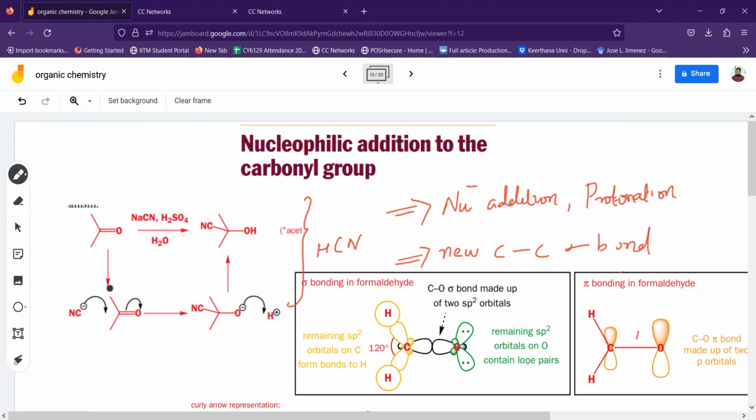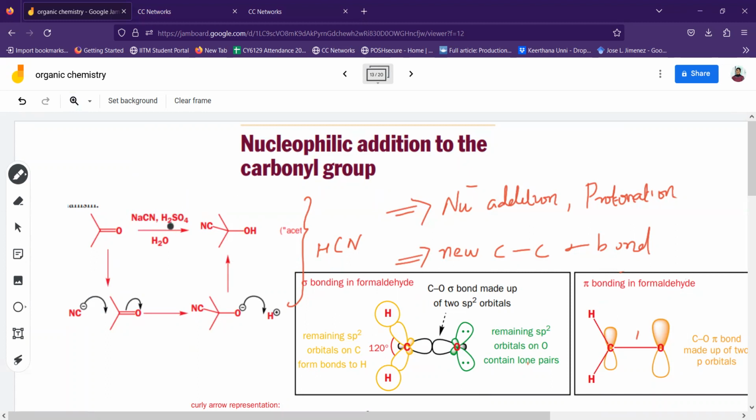From CN minus, this electron pair is moving to this particular center. So here a new C-C bond formation is happening. Now it is easy for me to write this particular reaction, right?